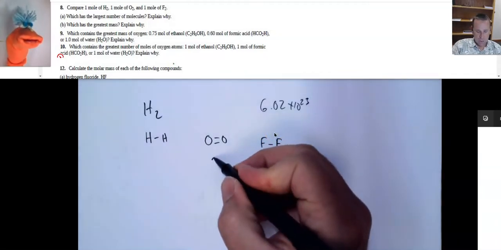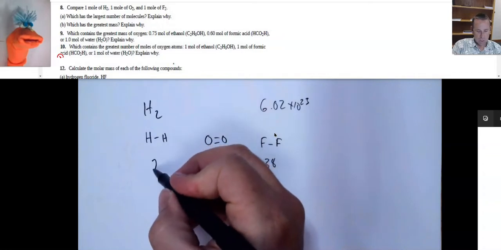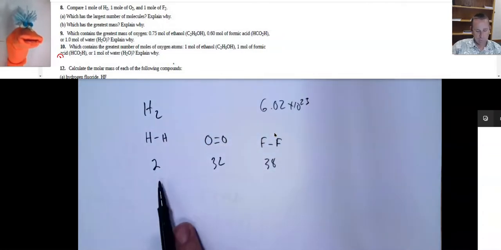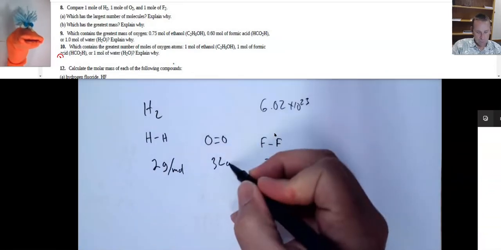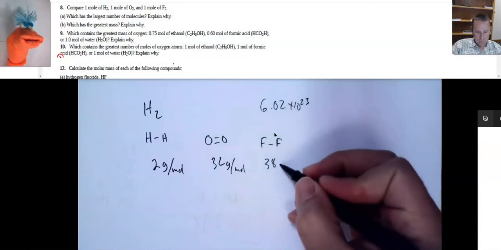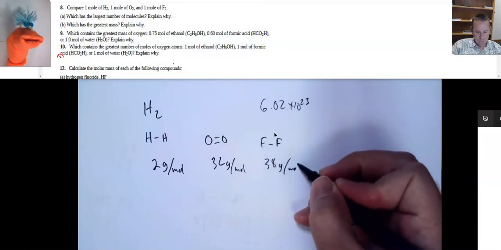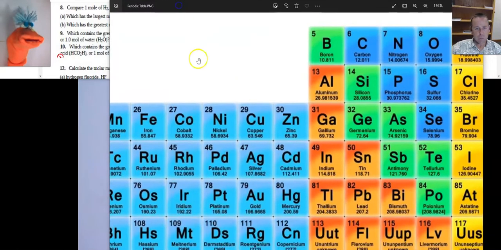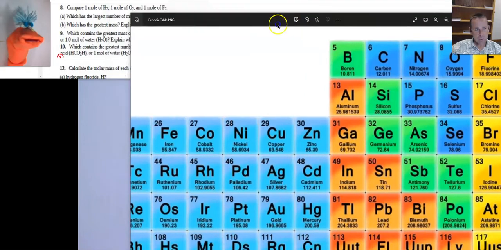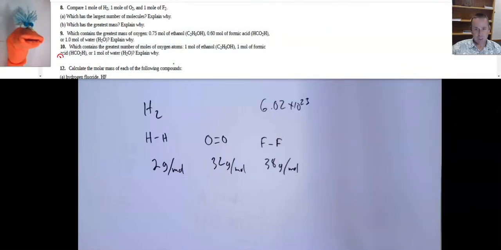This one would be 16 plus 16, 32, and this one would be just 2. A mole of this would have a mass of 2, and again, I could say grams for every mole of it. So that's what we decided: we're going to put the units of grams per mole at the end of any one of these mass numbers. That's how many grams you have to get if you want to have 1 mole of that given material.